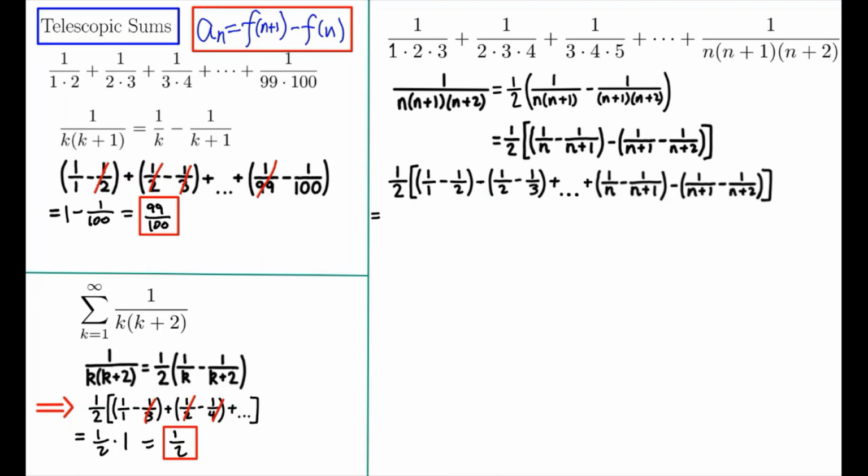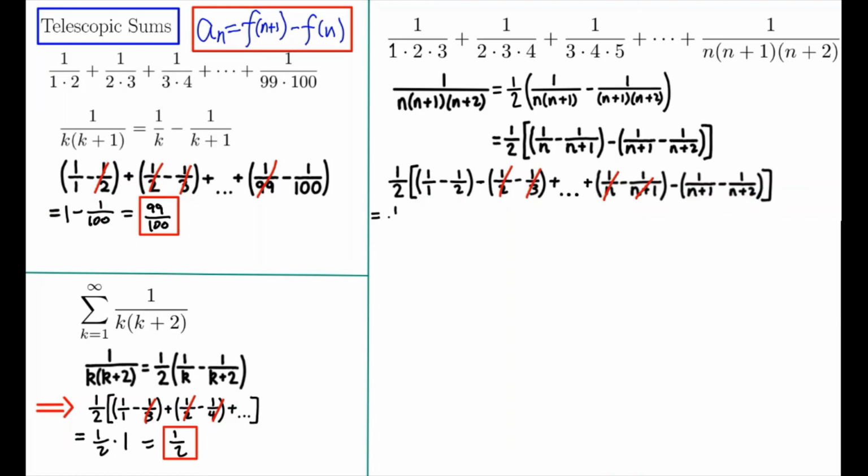You'll notice that we can cancel here with the one ahead of it, here with the one ahead of it, 1/3 with the one in front of it, and 1/2 with the one in front of it as well. So we're going to be left with this and this. Let's solve that now.